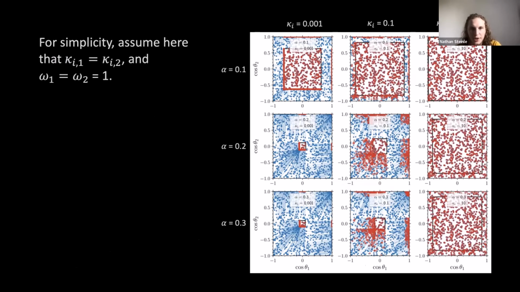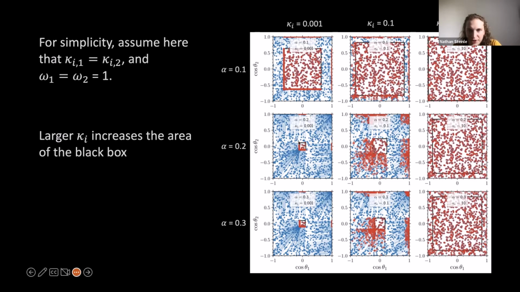So there's only one initial kappa for now. And let's assume that both of the omegas are equal to 1, which corresponds to a moderate amount of alignment. And in this mega panel plot, the columns correspond to different values of the initial kappa. So how likely are you to begin at the critical configuration? And the rows are varying the viscosity alpha.